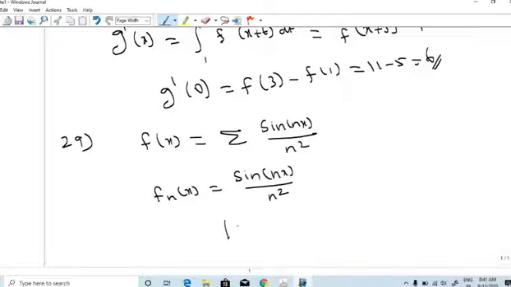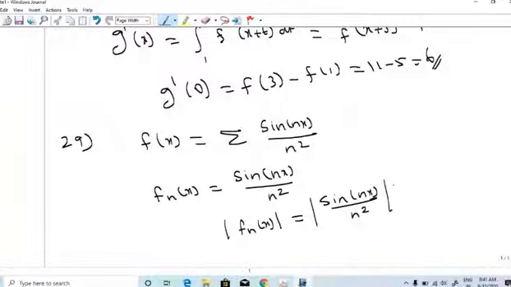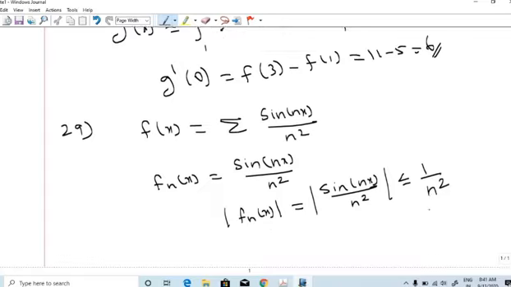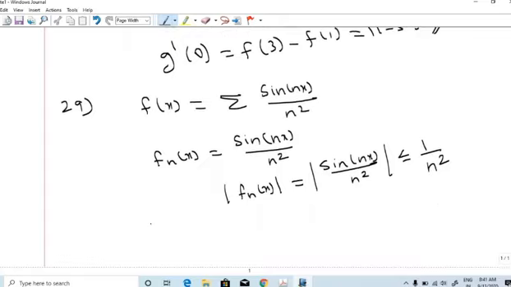Now apply the modulus. The modulus of fn of x is the modulus of sin nx by n square. But sin is always bounded by 1. Therefore, this is less than or equal to 1 by n square, since n is positive. Now we know that summation 1 by n square is convergent.